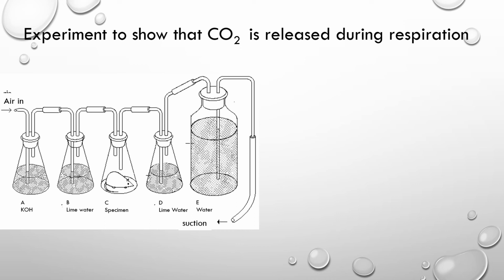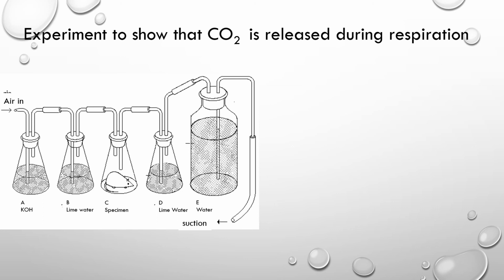And in setup B, it has used lime water. We use lime water to identify carbon dioxide gas. In the presence of carbon dioxide gas, lime water turns a milky color, and you have done this experiment also in your lower grades, so I think you can remember the color change.